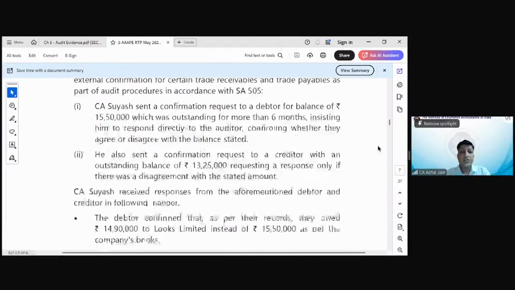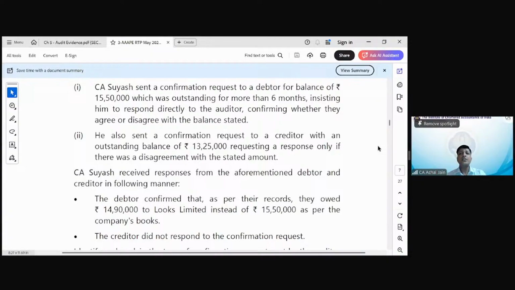CA Suyash sent a confirmation request to a debtor for balance of rupees 15,50,000, which was outstanding for more than 6 months, insisting him to respond directly to the auditor, confirming whether they agree or disagree with the balance statement. He also sent a confirmation request to a creditor, wherein the balance was 13,25,000, requesting a response only if there was a disagreement with the stated amount.